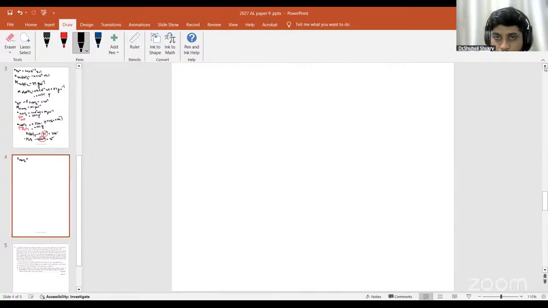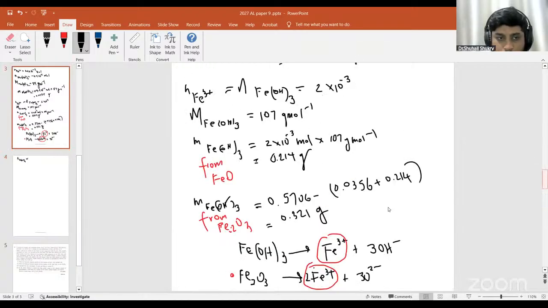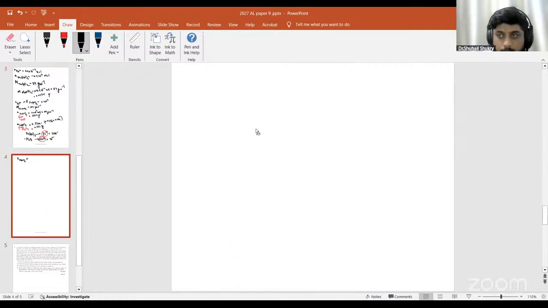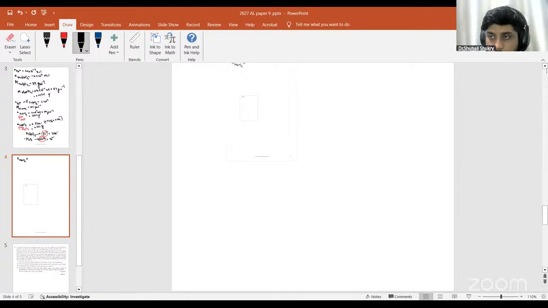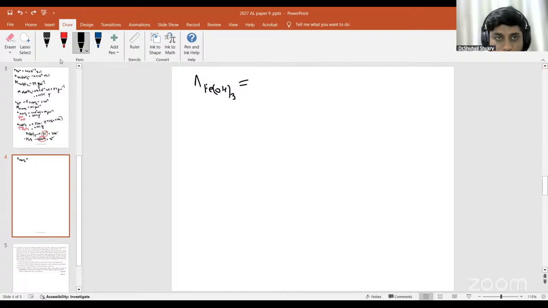So I want the molar mass of Fe(OH)3, already we know. What was the Fe(OH)3 molar mass? 107. Then what should I do? 0.321 divided by 107.